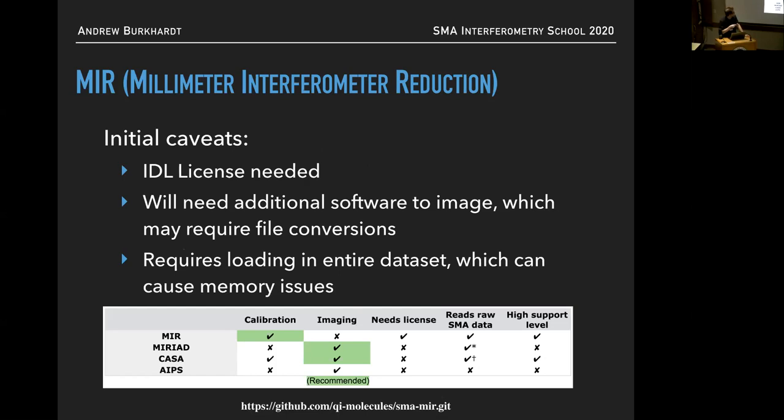You will need, like I said, additional software to actually do the imaging, but CASA and a lot of these things are pretty easy to download. If you're comfortable with things like CASA, then that should be fine. And one big thing that I'll start touching on early is the fact that it does require loading entire data sets, which can cause some memory issues. So you've got to be careful with how you're storing your data or what computers you're using, or you have to jump through a couple hoops as you start analyzing your data, just because these data products can get very large.